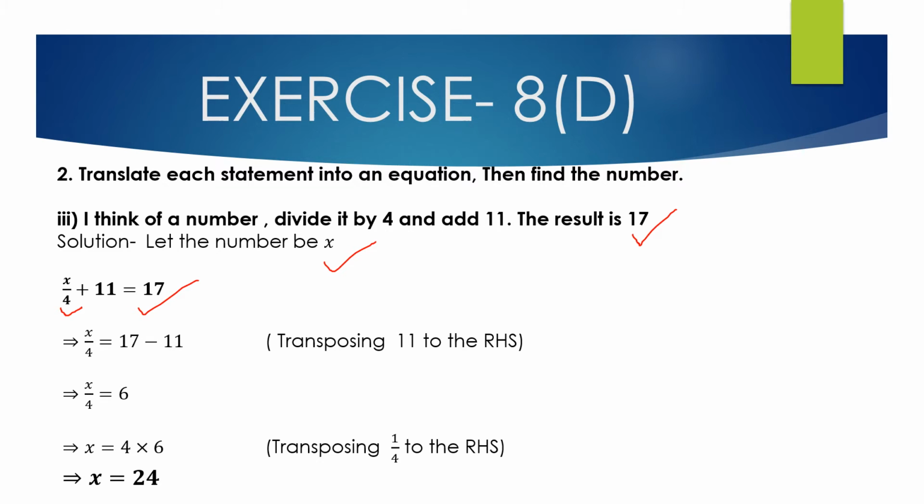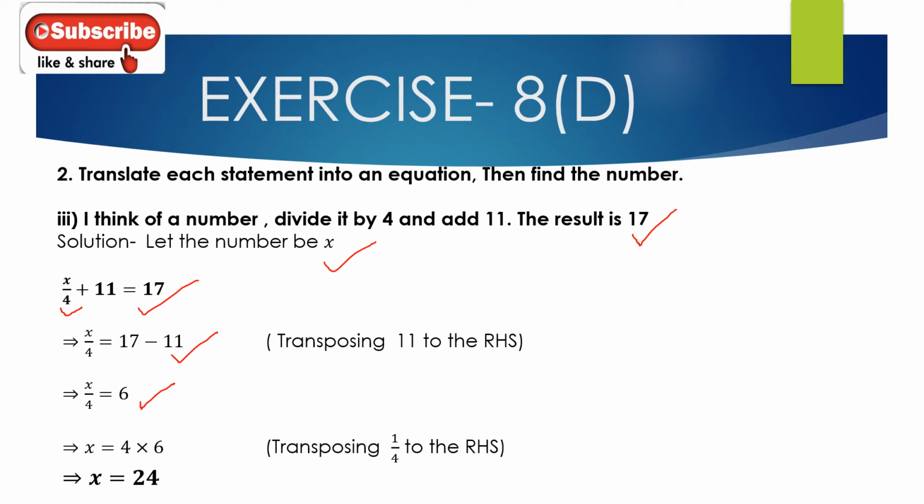Here x divided by 4 plus 11 is on the left hand side and 17 is on the right hand side. Now we have to solve for the variable x. Now 11 is transposed to the right hand side, and plus 11 changes to minus 11. Now we get x divided by 4 equal to 17 minus 11, and 17 minus 11 is 6.